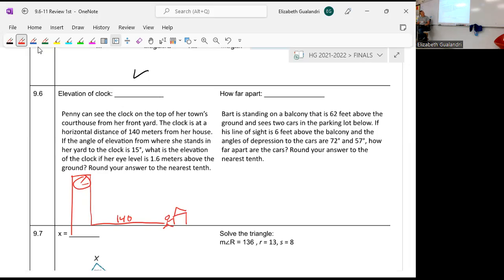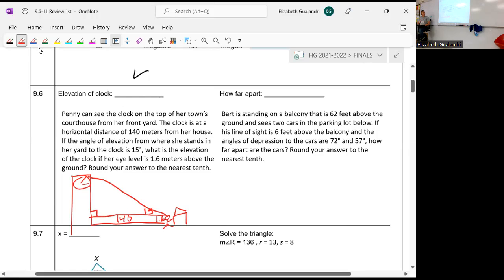If the angle of elevation from where she stands in her yard to the clock is 3 degrees, and that angle of elevation there, you get the angle of elevation down to 15 degrees. What is the elevation of the clock if your eyeball is 1.6 above the ground?